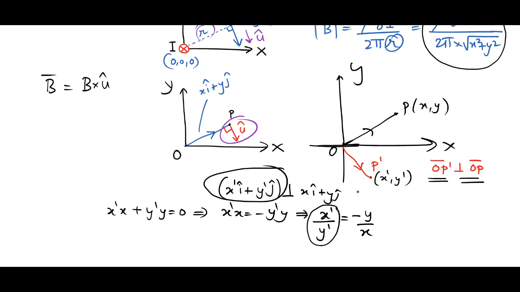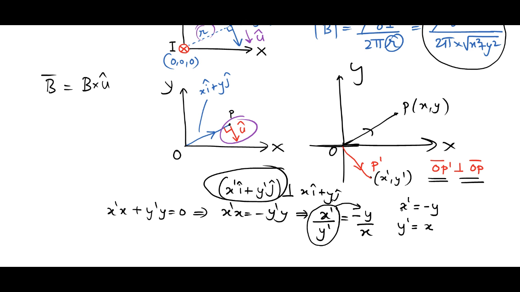So one such combination could be, for example, let us tentatively put x dash equal to minus y, and you put y dash equal to x. I'm not saying that this is correct, I'm just saying let's test it.